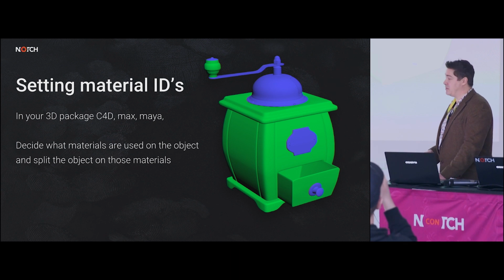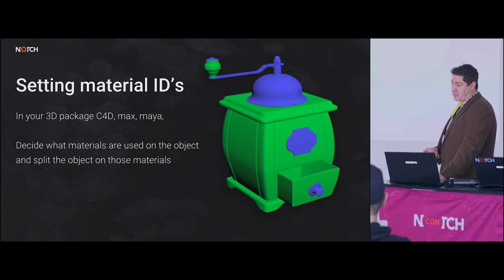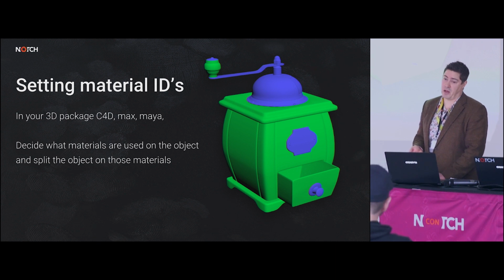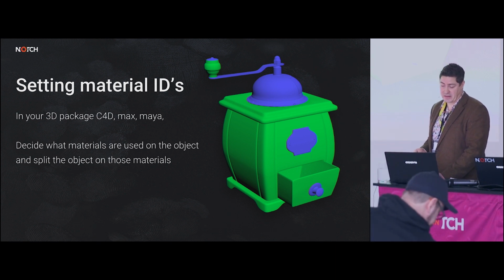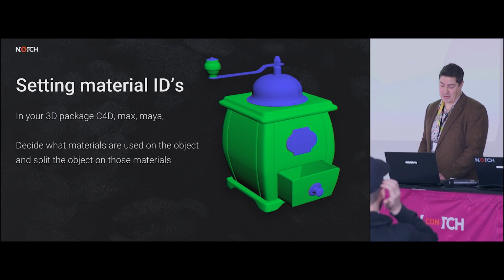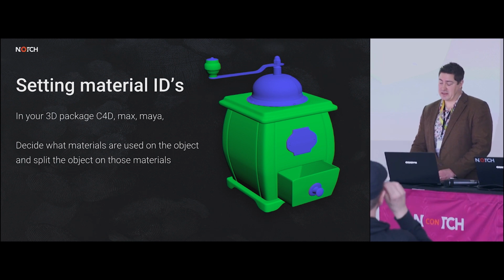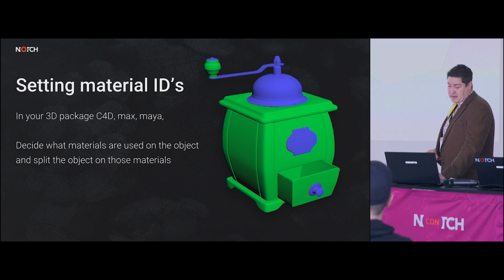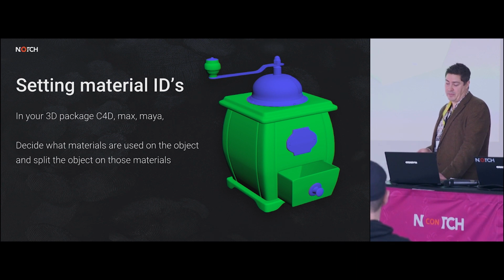So, setting up the material IDs on an object. For this, you need to do it in an external 3D application. I usually use 3D Studio Max. It's my preferred modeling application. The first thing to decide is what your model is made from, and how many materials are on that object.